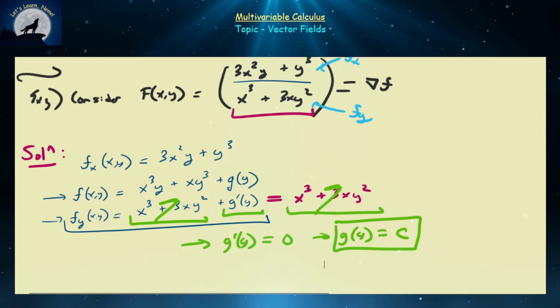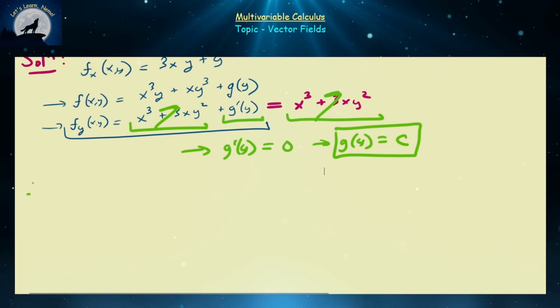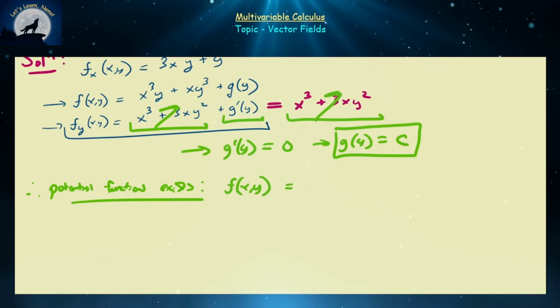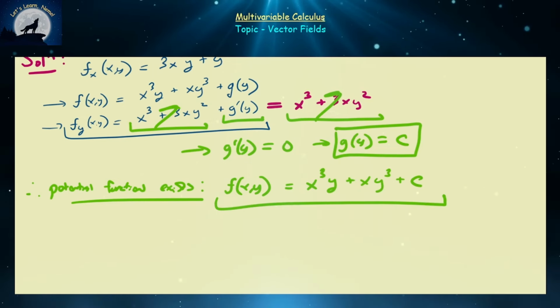So potential functions do exist. In particular, they look like f of x, y is equal to x cubed y plus xy cubed plus c. So by definition, since potential functions exist, our vector field is conservative.